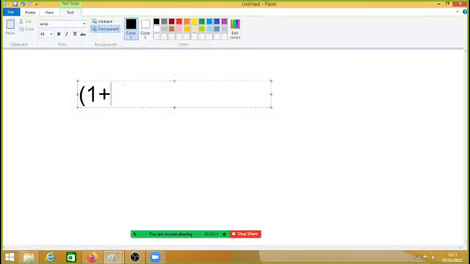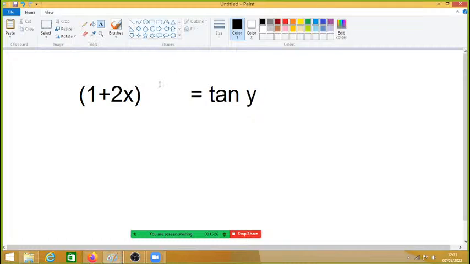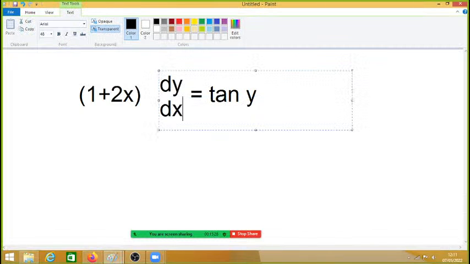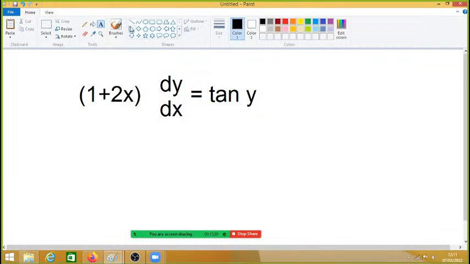The question was find the solution to the differential equation 1 plus 2x dy by dx is equal to tan y. Okay, over to you. See if you can type into the chat box just the first step.